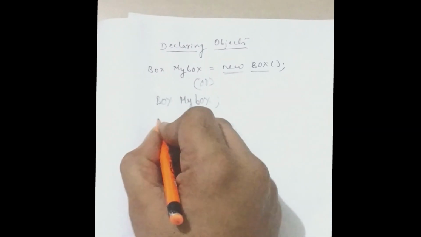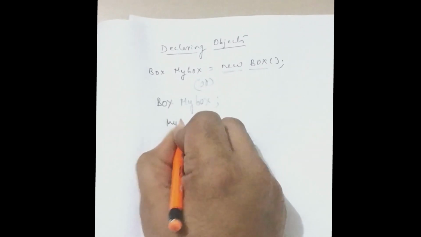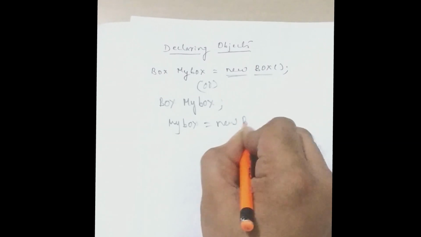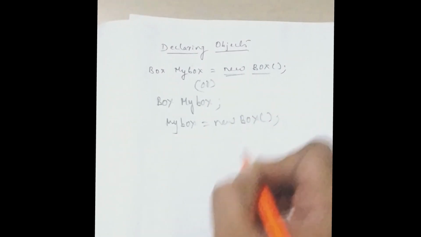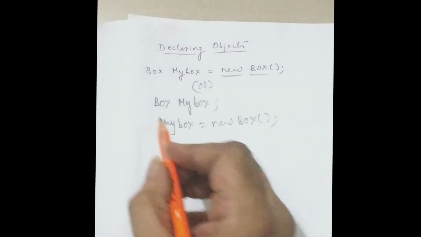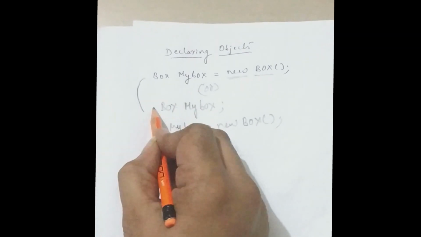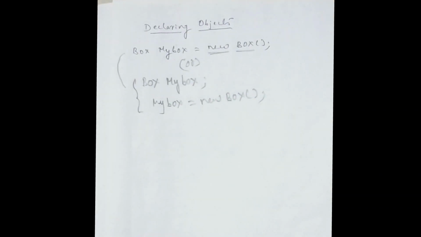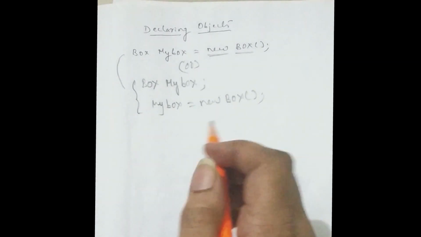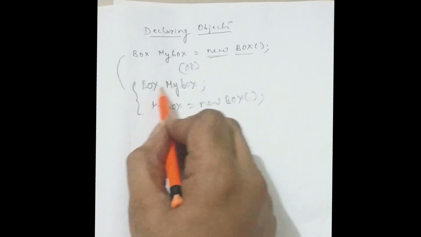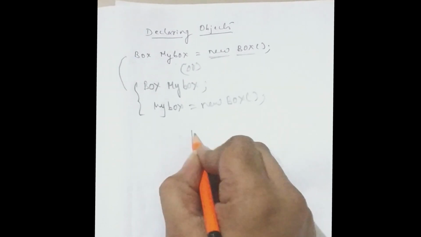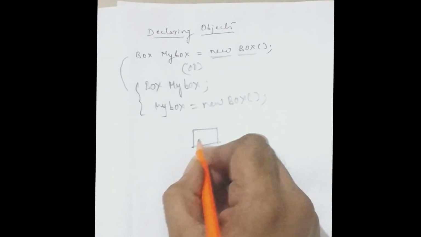The same statement I can write like this: Box myBox, then myBox equal to new Box. The same statement I can split into two statements. So what's going to happen here? When the first statement gets executed, memory is allocated for myBox.